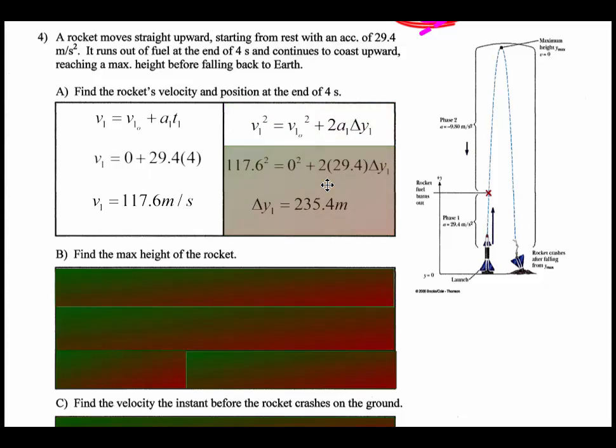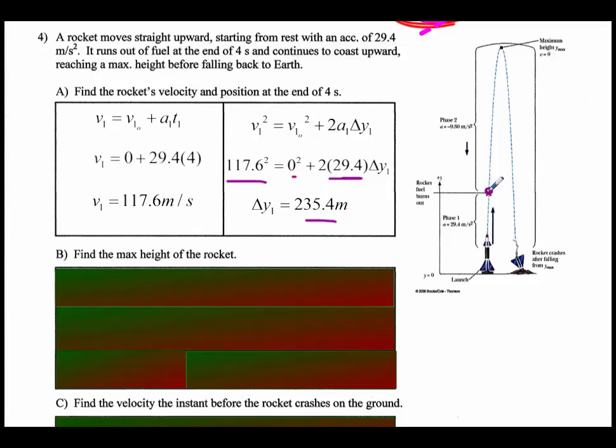And then here we can find our change in position, right? We now know that the velocity after 4 seconds was 117.6. We know it started from rest. We know that it had a positive upward acceleration, and so we can figure out how high.